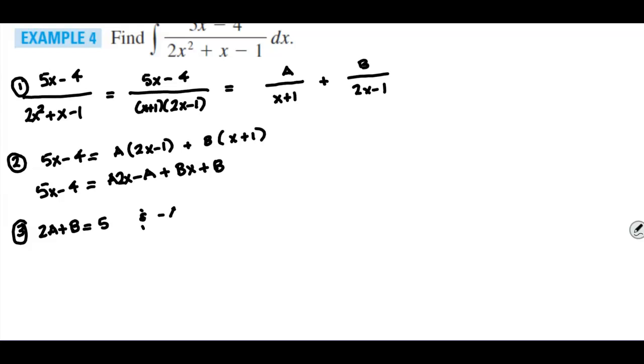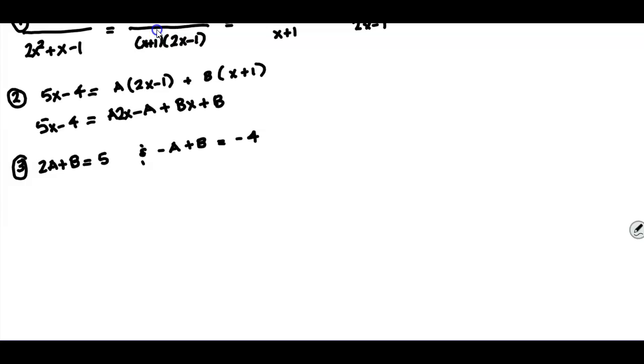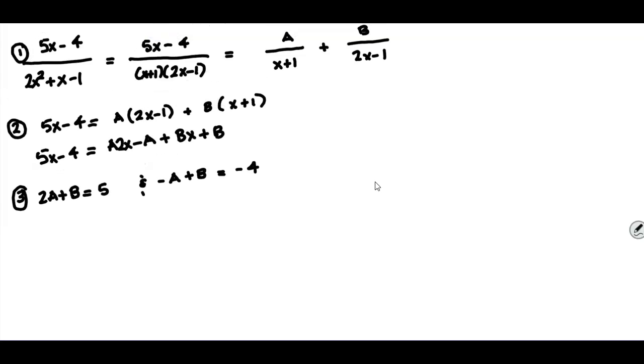And then we have the constant, negative A plus B, which is going to equal negative 4. Now, if we solve this system, so we have 2A plus B equals 5, and negative A plus B equals negative 4.